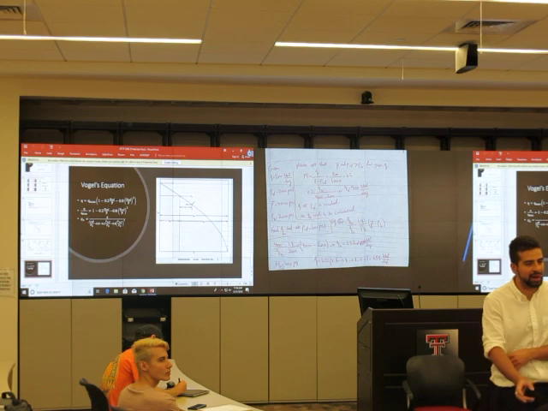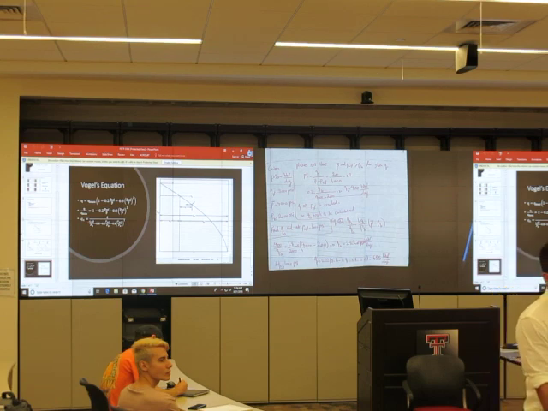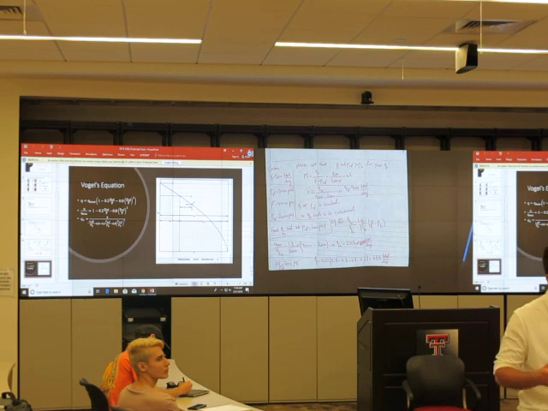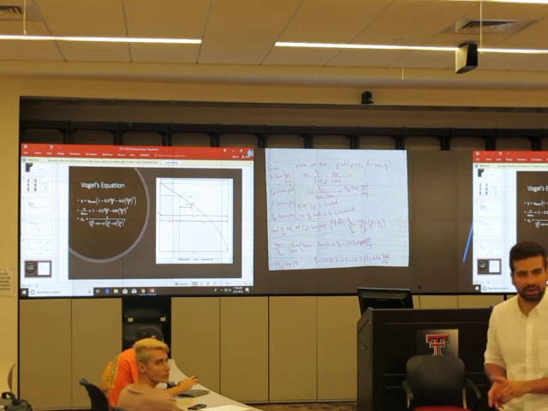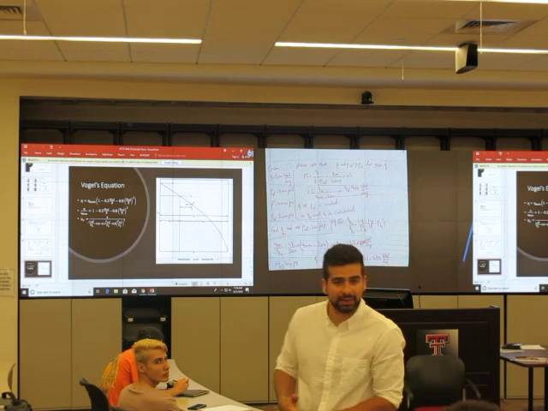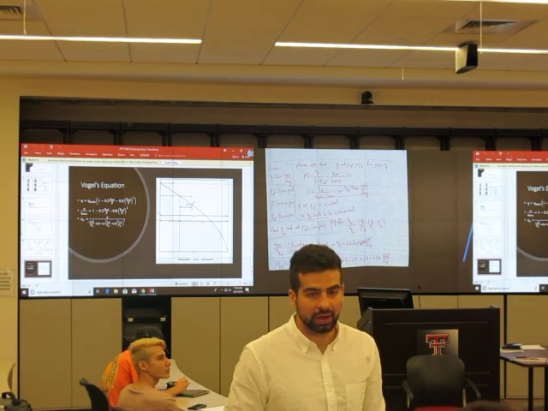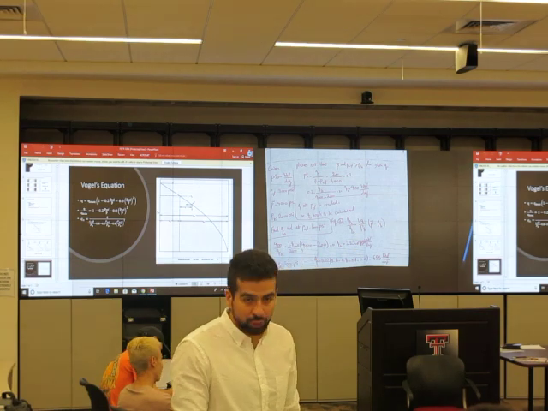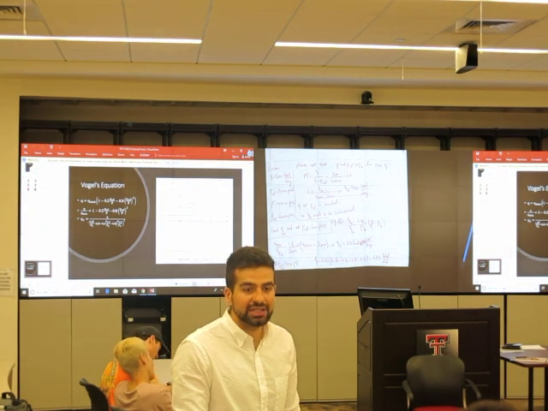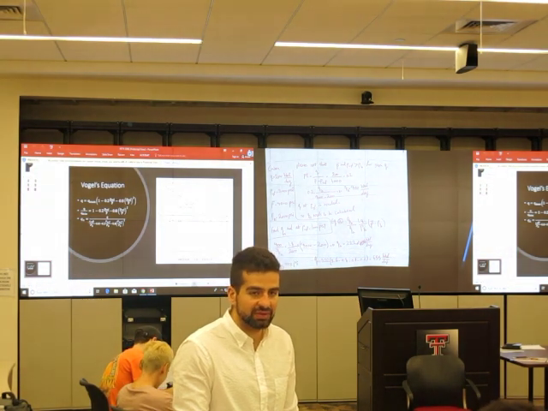It's just a relation. If you have all the parameters there and your P bar is above your bubble point, you get to use that. For the other one, the given point was below bubble point. This one is above.